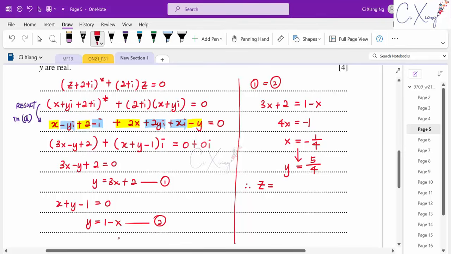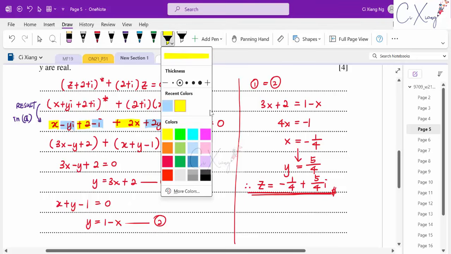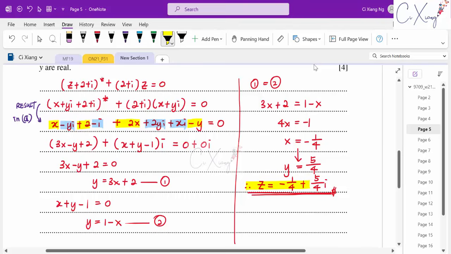Z is the root of the equation, so z equals to negative 1 over 4 plus 5 over 4i, where z equals to x plus yi. This is how we solve this equation which involves the complex number.